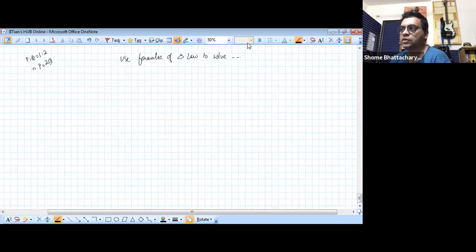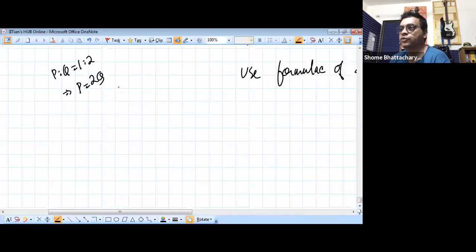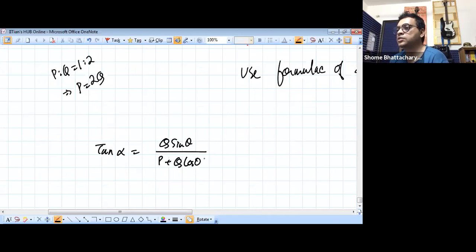Now apply the formula over here. The formula is that tan alpha equals q sin theta upon p plus q cos theta. So tan alpha is root 3 by 2, and this will be q sin theta upon p, which we can write as 2q, plus q cos theta.